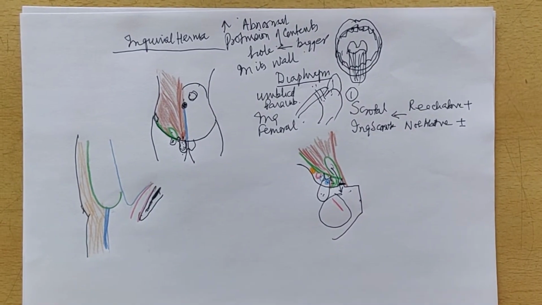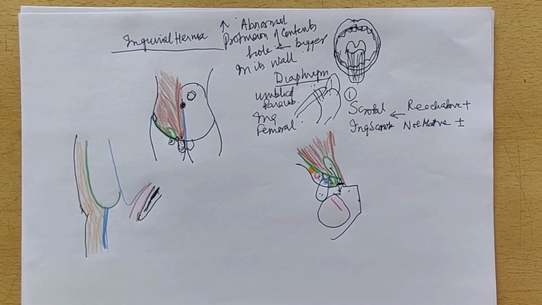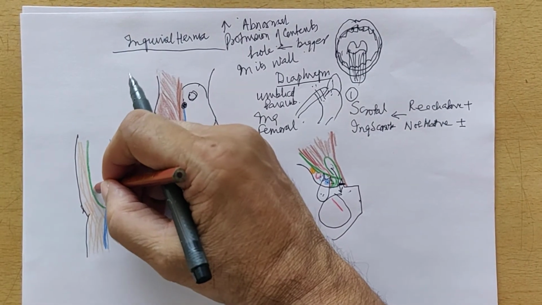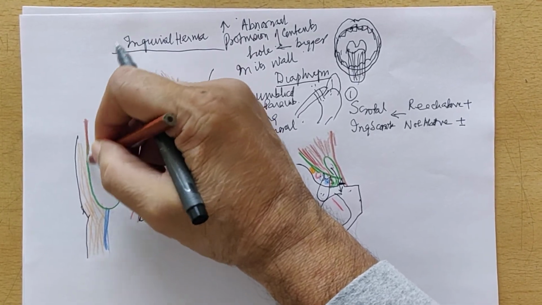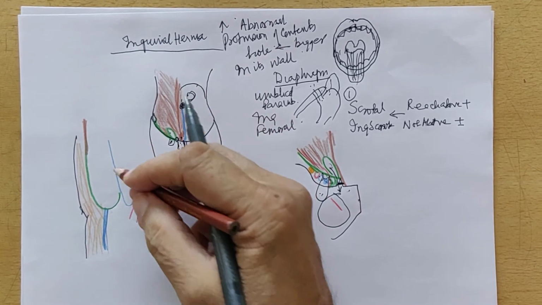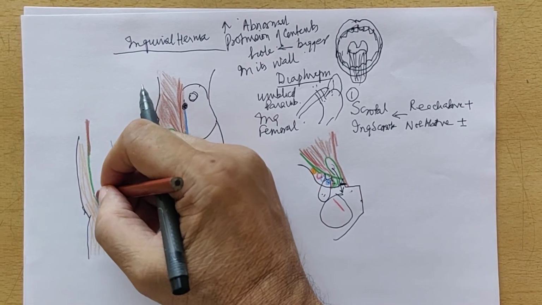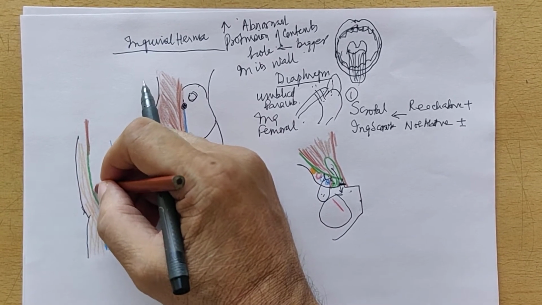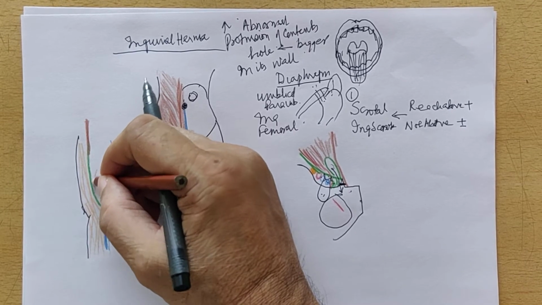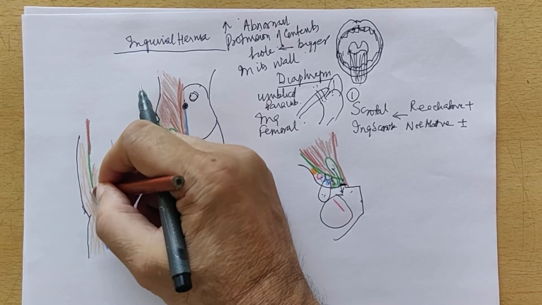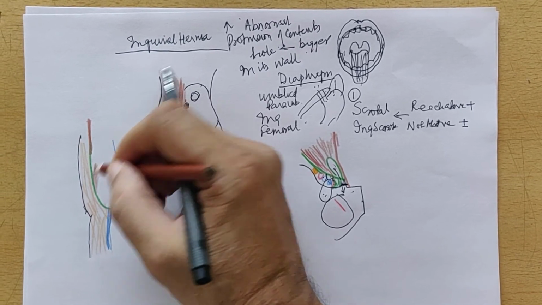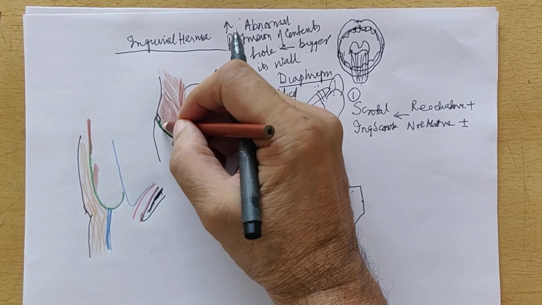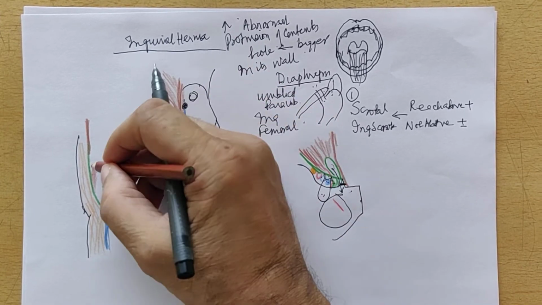Okay, now this is converted into a canal. This is the external oblique muscle, converting into aponeurosis and forming the inguinal ligament. Then two muscles, the internal oblique and transversus abdominis, arise from the lateral part of the inguinal ligament.